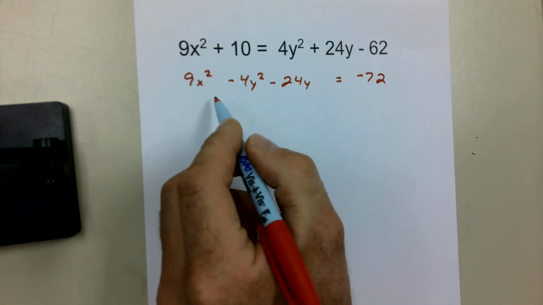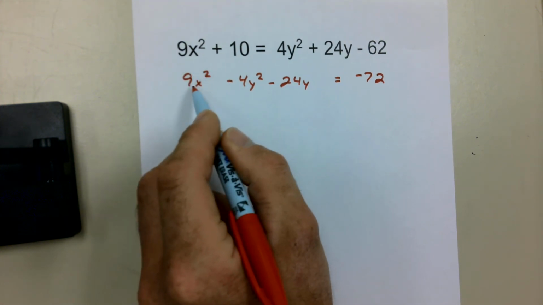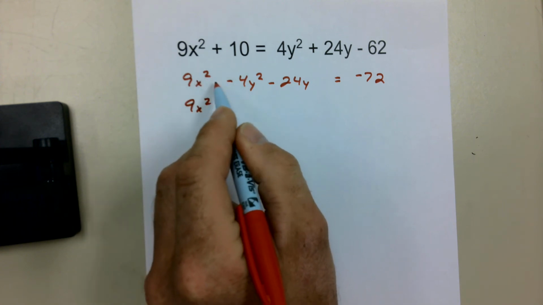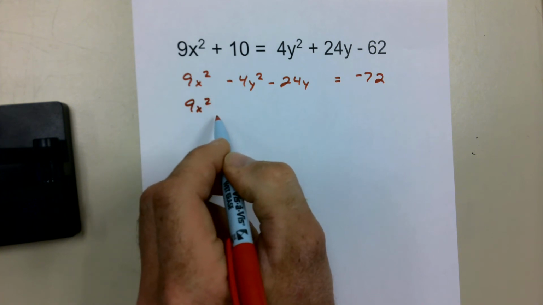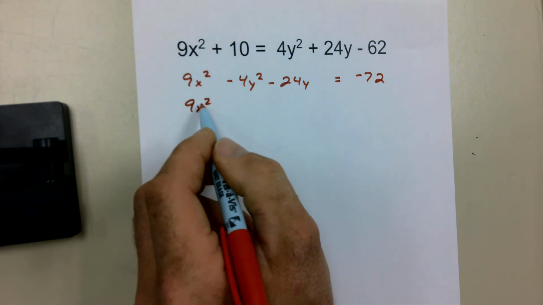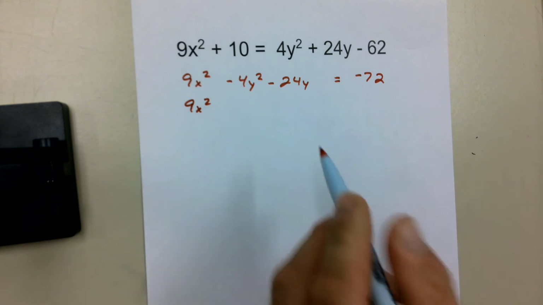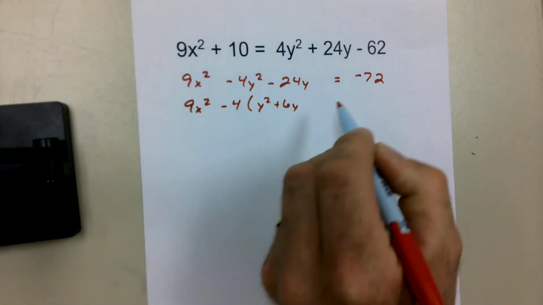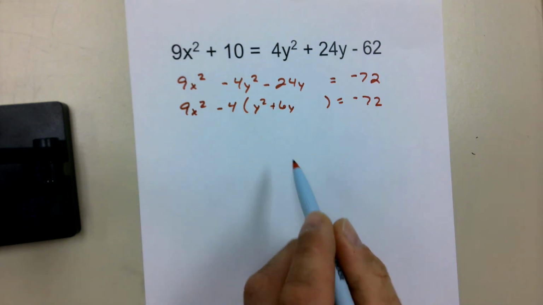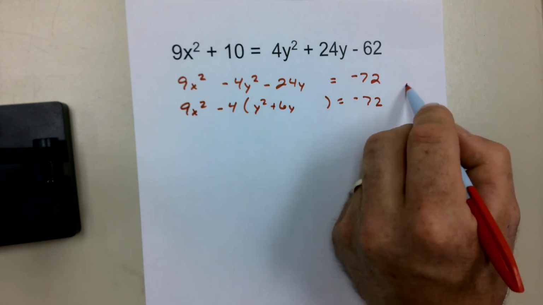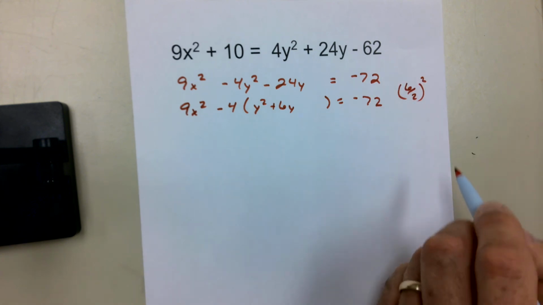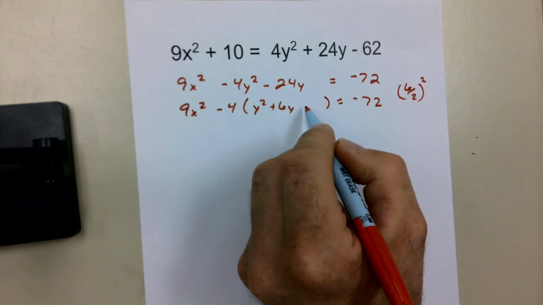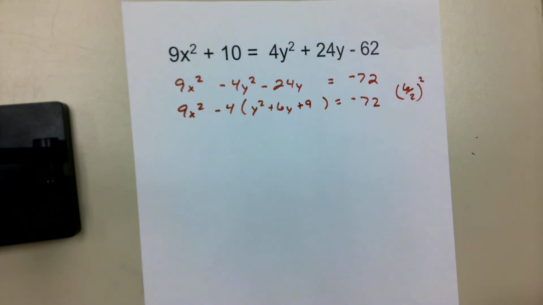I'm going to go ahead and complete the square with my y's. I don't need to complete the square with the x's because there is no linear term with my x's. So I know that my center is going to be at x equals 0 there. I'm going to go ahead and factor out my negative 4, so we get y squared plus 6y. That equals our negative 72. I'm going to go ahead and take my 6 divided by 2 and square it. So 6 divided by 2 is 3, squared gives me 9, so I'm adding 9 inside.